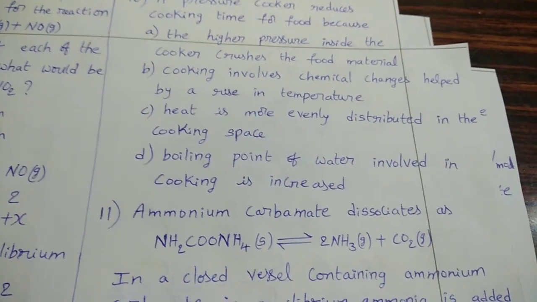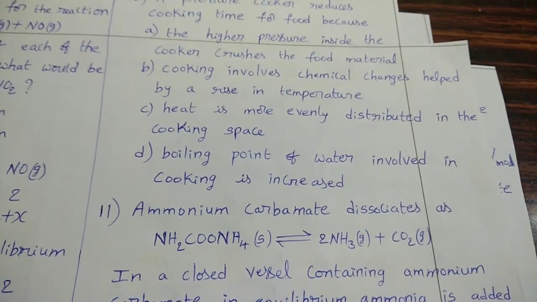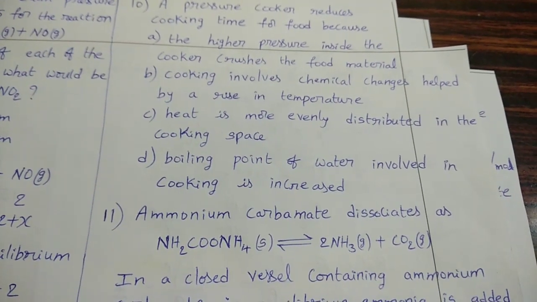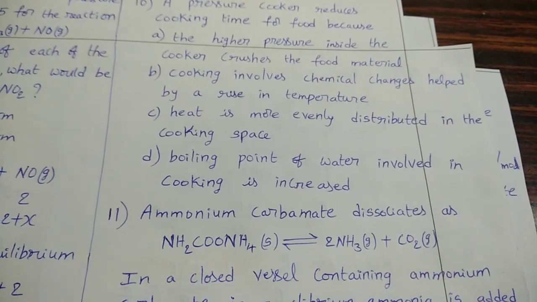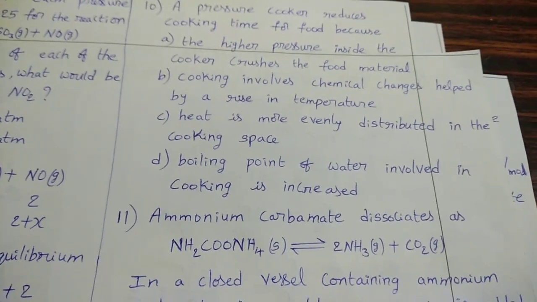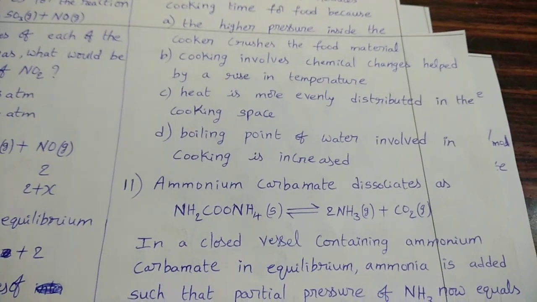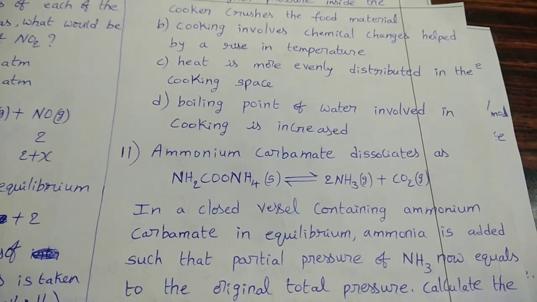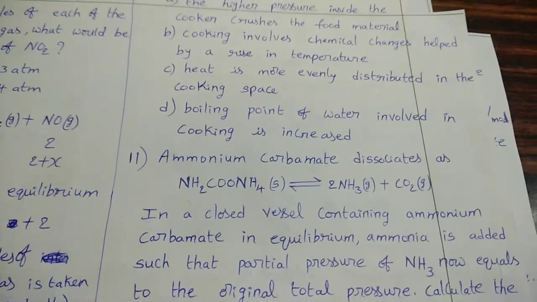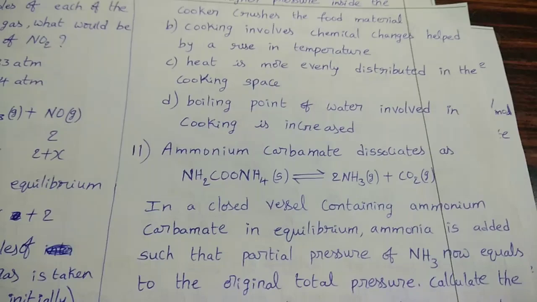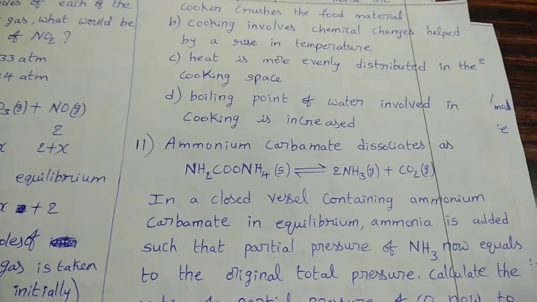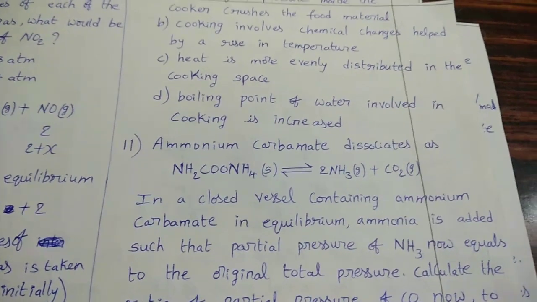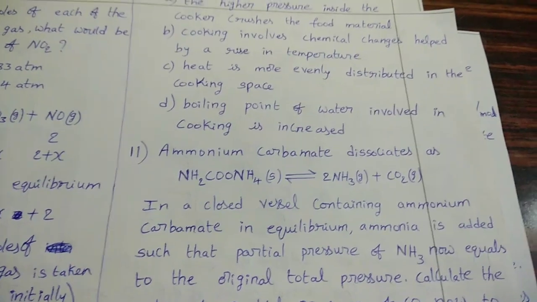Next, ammonium carbamate, NH2COONH4, dissociates to give 2NH3 plus CO2. In a closed vessel containing ammonium carbamate in equilibrium, ammonia is added such that the partial pressure of NH3 now equals the original total pressure. Understand carefully.